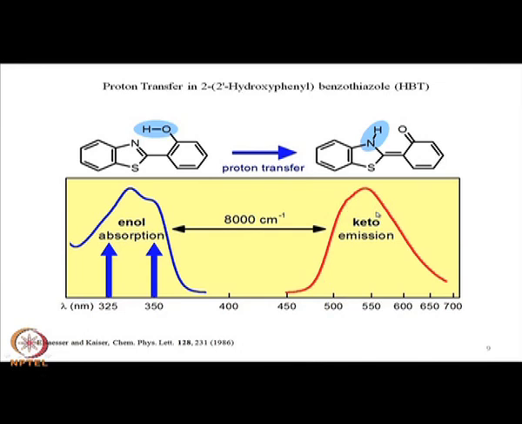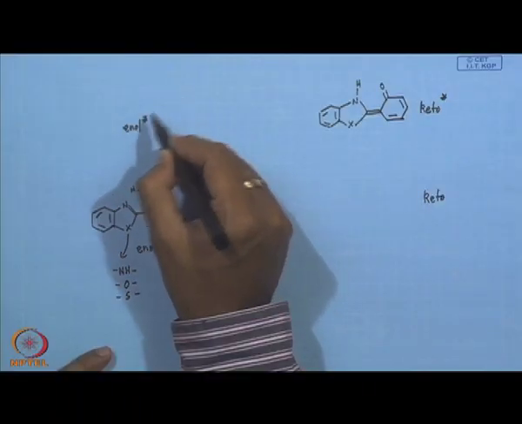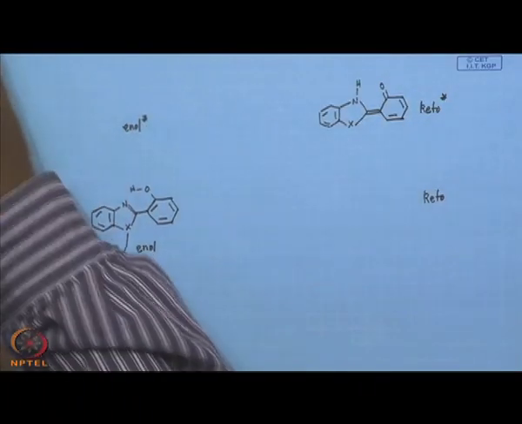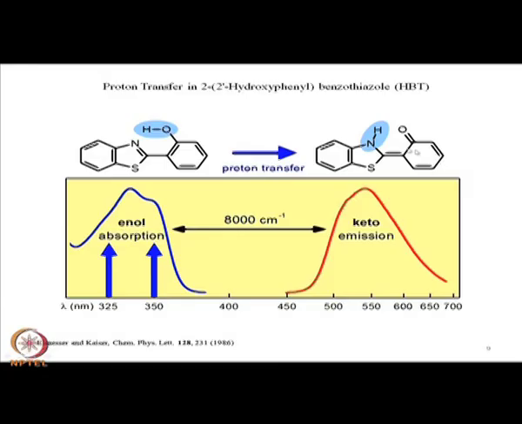So, within the lifetime of this excited enol, this proton is transferred from here to here, and thereby this form is generated, and as a result maybe you can see this emission.